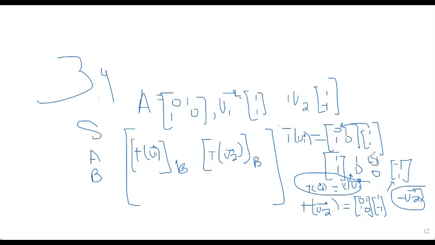Sorry, it should be 0, negative 1. Let me just make sure that that's correct. Okay. So if we draw that out, we end up with 1, 0, 0, negative 1.